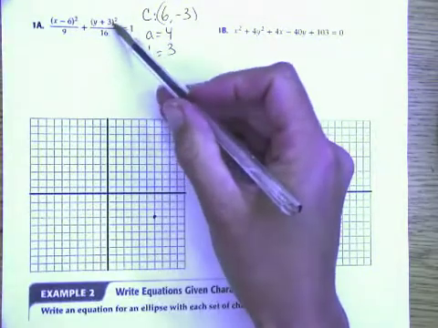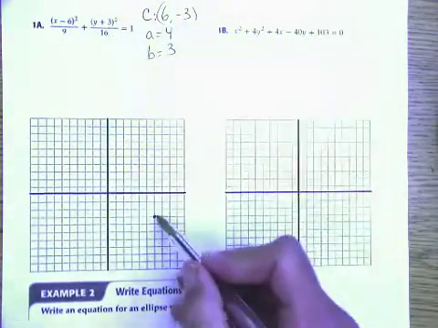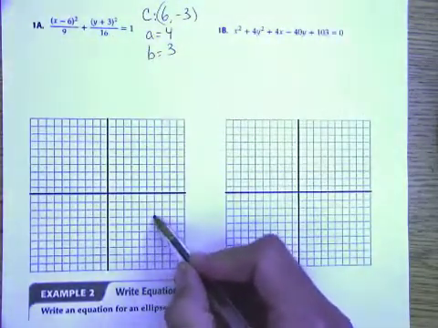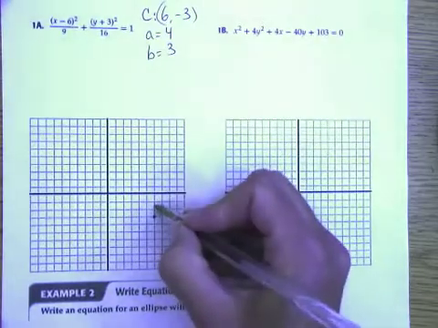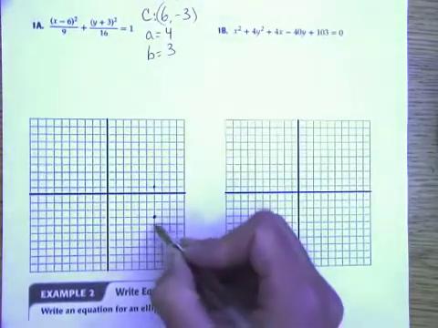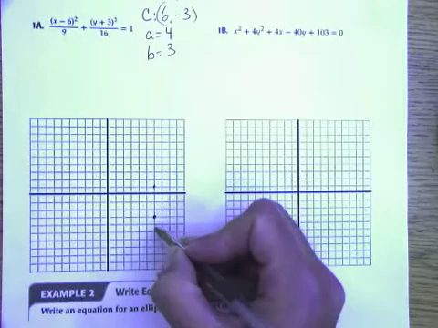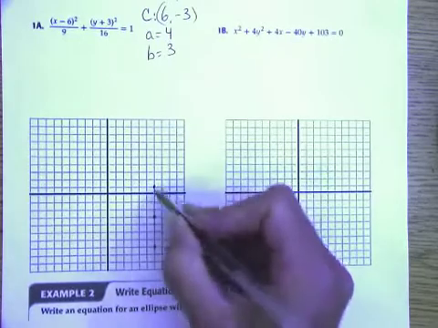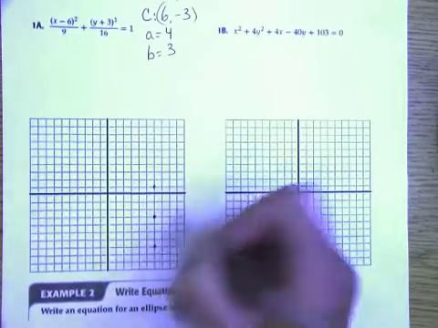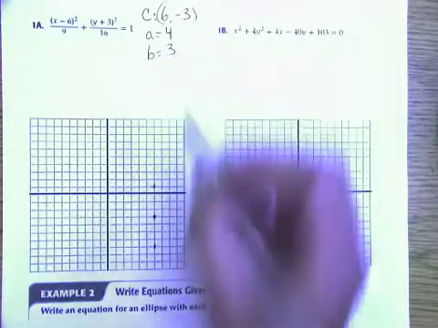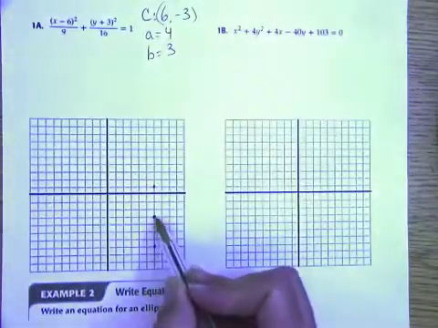So there's the center. Notice how my A value is under the Y. That means that from the center, I'm going to count up 4 spaces, 1, 2, 3, 4, and I'm going to count down 4 spaces, 1, 2, 3, 4. These are my vertices.